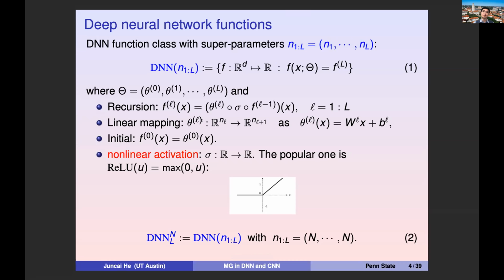Here is a simple notation: if we have constant width, meaning n_1 to n_L all equal a constant n, we will denote this as DNN_n.